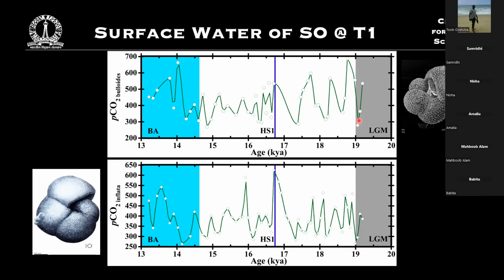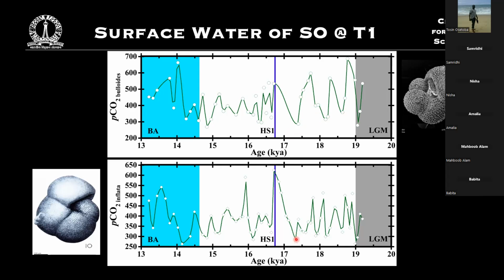First thing to observe is that during the last glacial transition, we have a very large pulse of CO2 in the first phase. And then there is another pulse of CO2 at around 18 kiloyears, clearly visible in bolloides. Heinrich stadial 1 kind of strangely shows a rise in pCO2 concentration of the surface ocean, whereas Bølling-Allerød starts with a pCO2 rise and there is a gradual decrease after that.